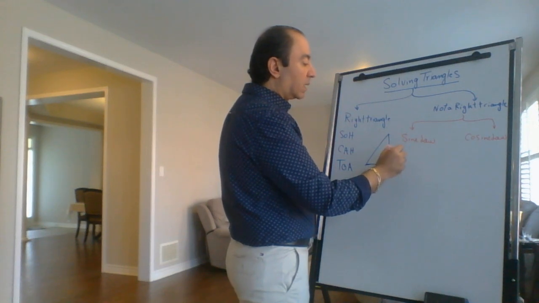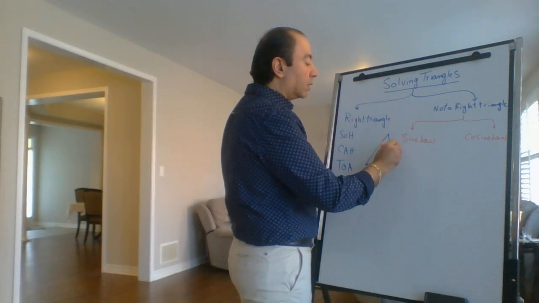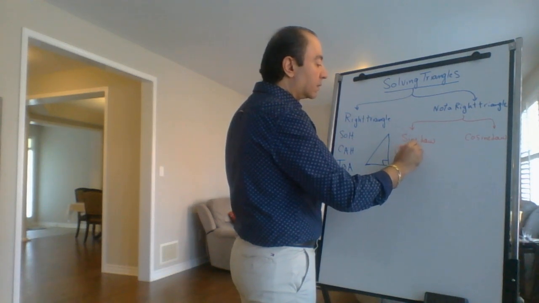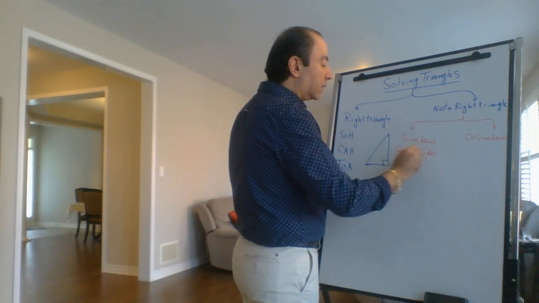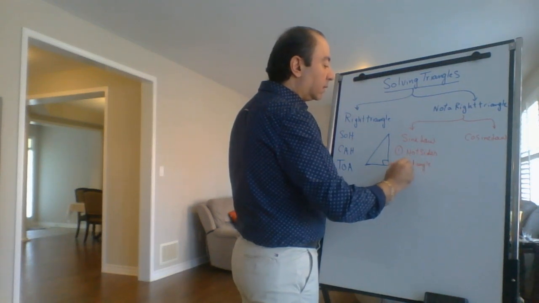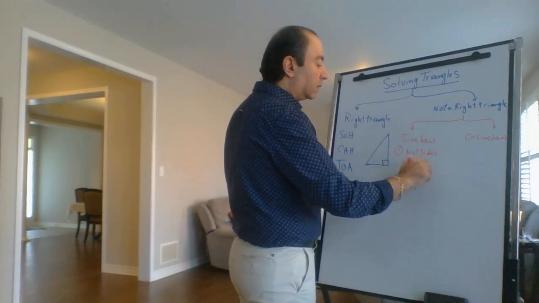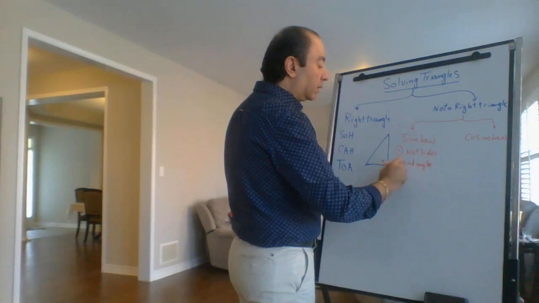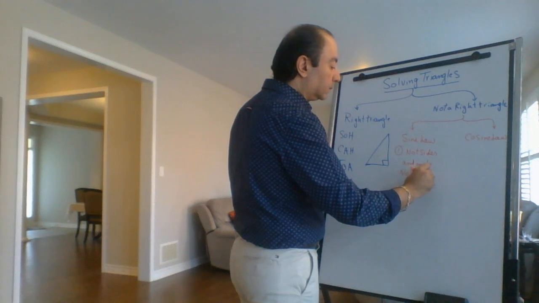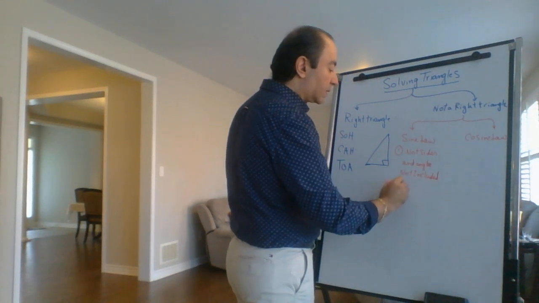When we use sine law, we have two sides and an angle not included, which is this.